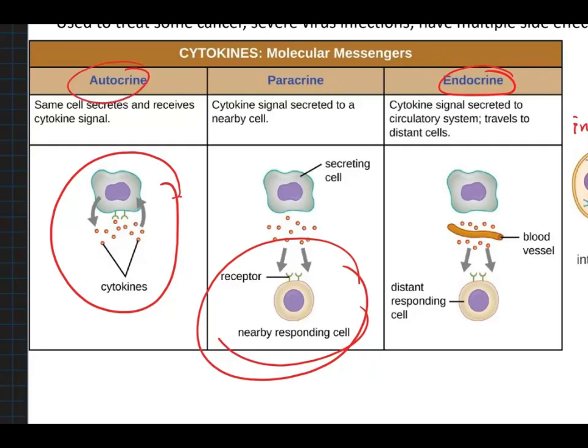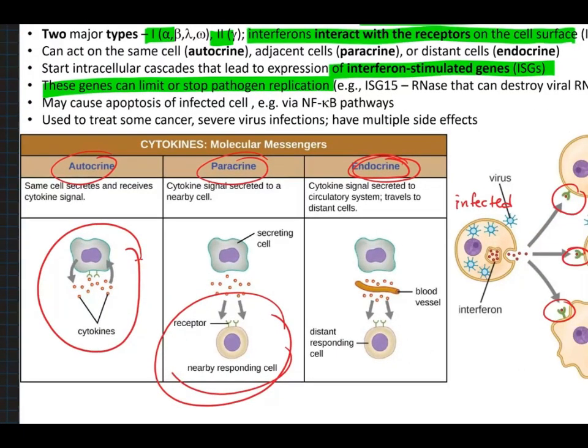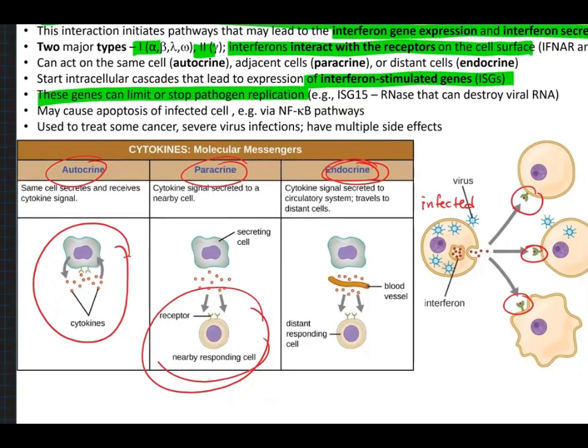So this is autocrine, this is paracrine, this is endocrine, and act in the distant cells. Okay, make sense? They are used to treat some cancers. They were used to treat Hep C. Now they are used to treat some severe infections like, let's say, hemorrhagic fevers.